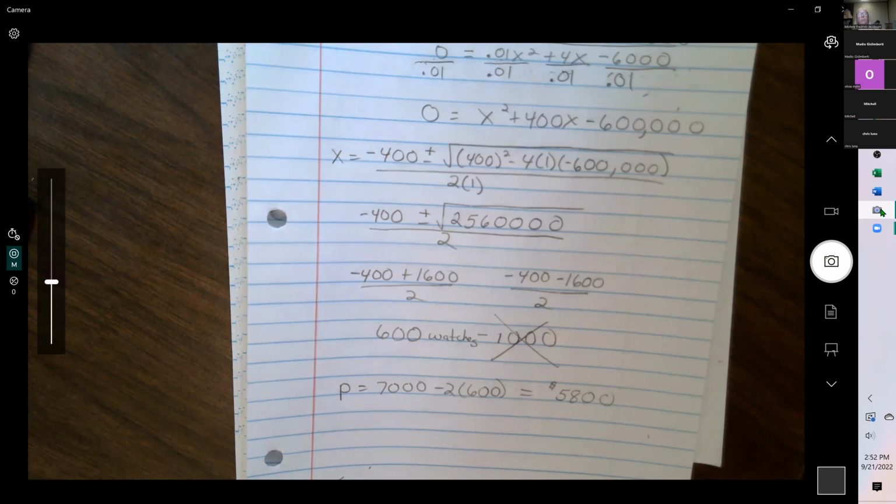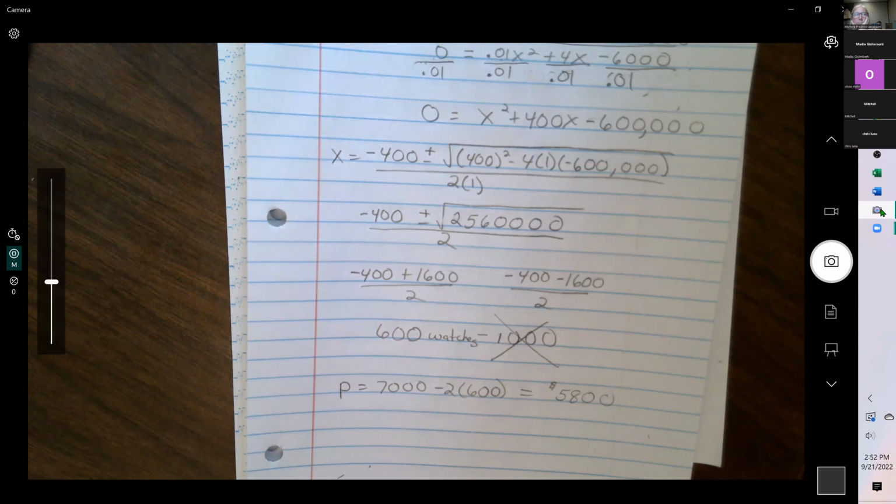And you can use either one of the equations, supply or demand, you will get the same answer. Any questions on that? Okay.